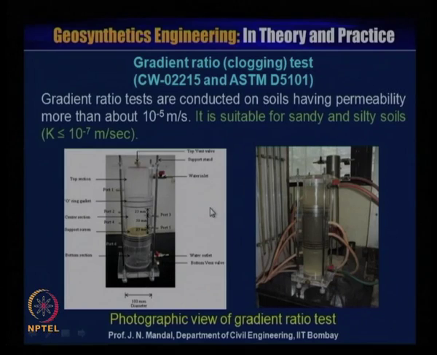Most of the time we go for the determination of flow of water through the sample, but in the case of gradient ratio we are measuring the hydraulic head at various locations in the soil geotextile column, and head differences are then converted to the hydraulic gradient, and that way we calculate the gradient ratio.